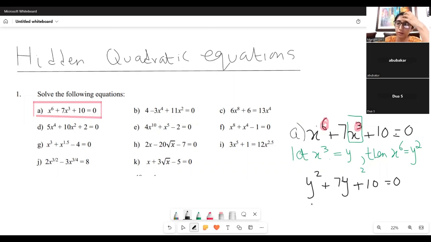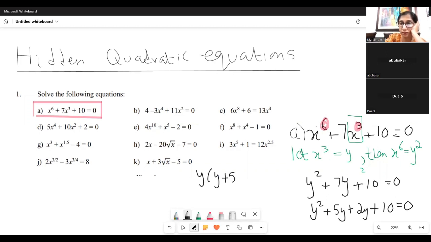So y square plus 5y plus 2y plus 10, which gives y plus 2 and y plus 5 equals 0.